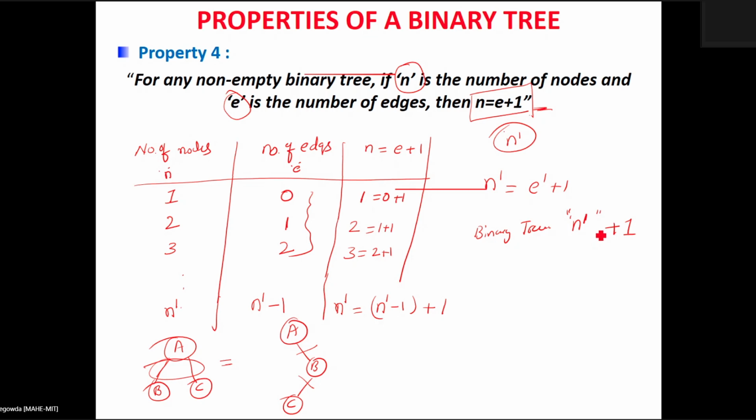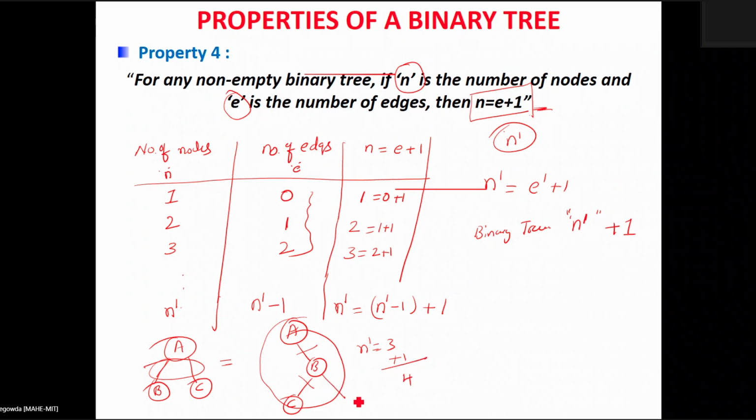How will my number of edges be affected? The number of edges also increases by 1 in this case. Say for example, I have a binary tree of this kind, it has 3 nodes. So in this case, my n' is equal to 3. If I add one more node to this, then the total number of nodes is going to be 4.